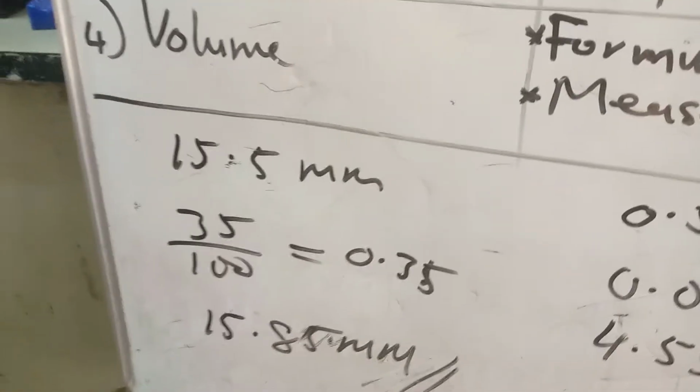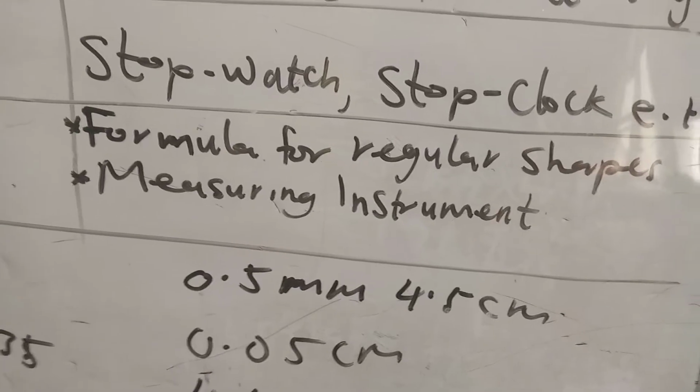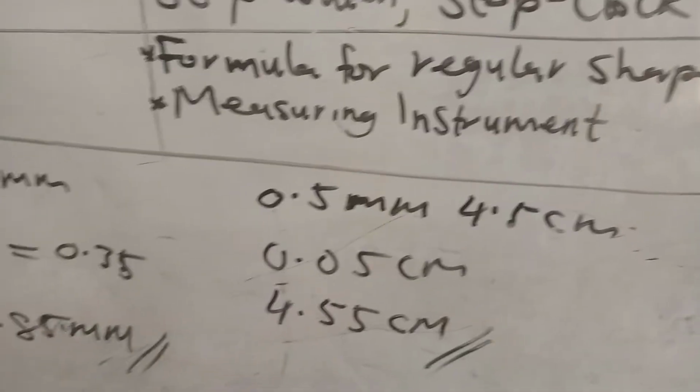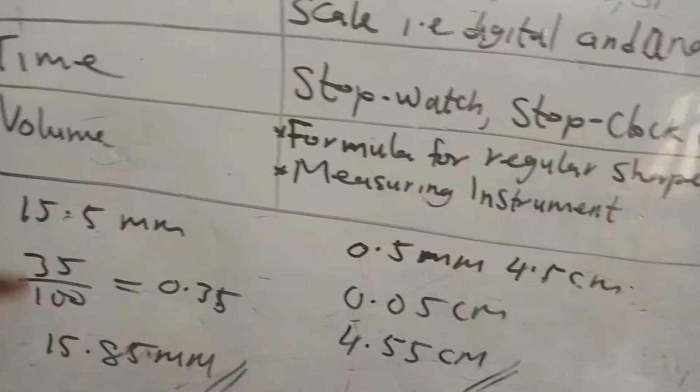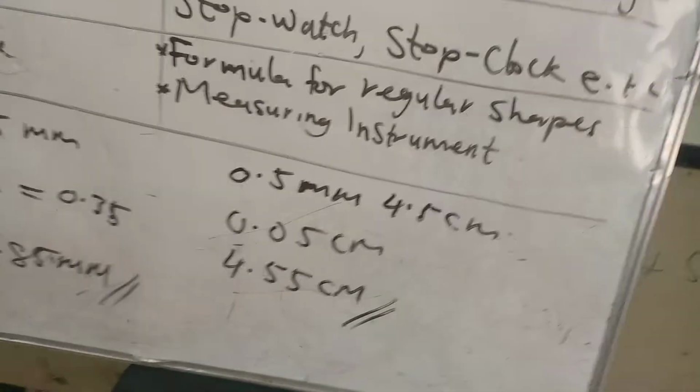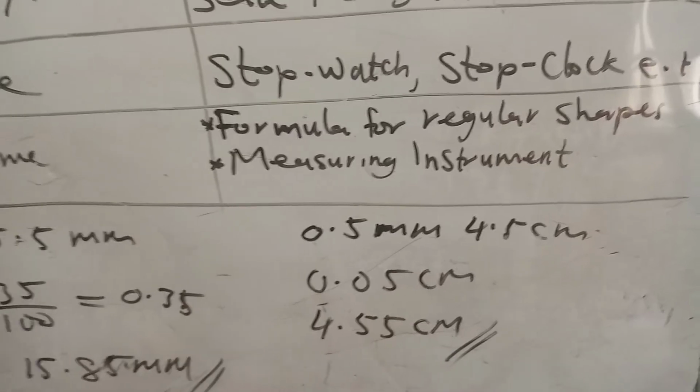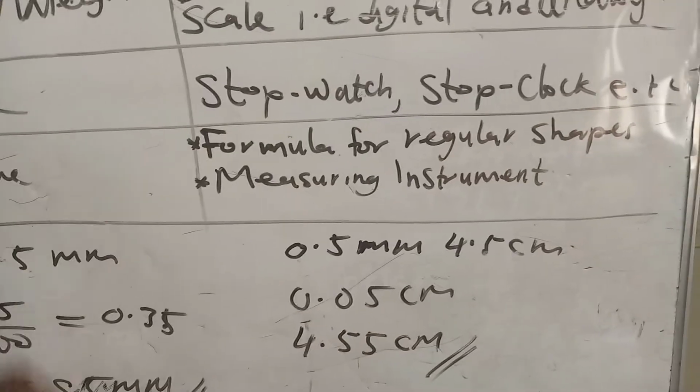Then let's go to the last one, the measurement of volume. We have two different types of volume. You have the regular one, where you can easily use length, breadth, and height, or the volume of a cylinder. But you have some objects that do not have a regular shape. You cannot identify their length or height.